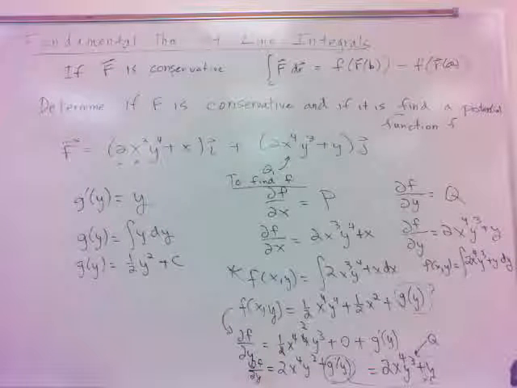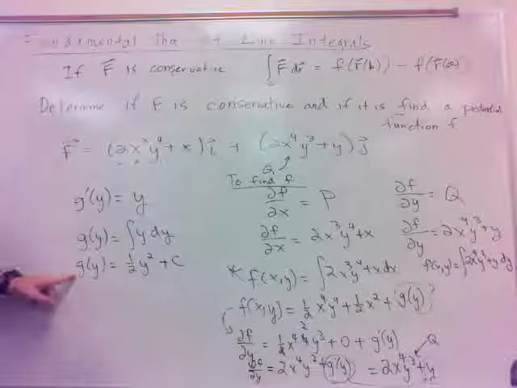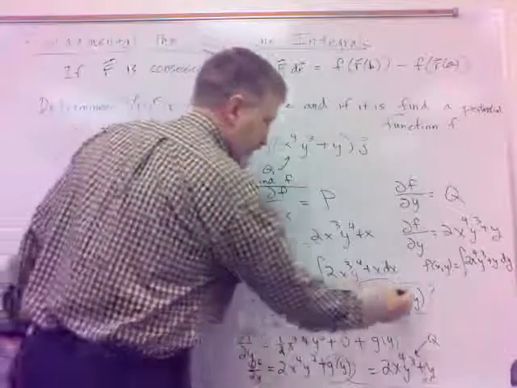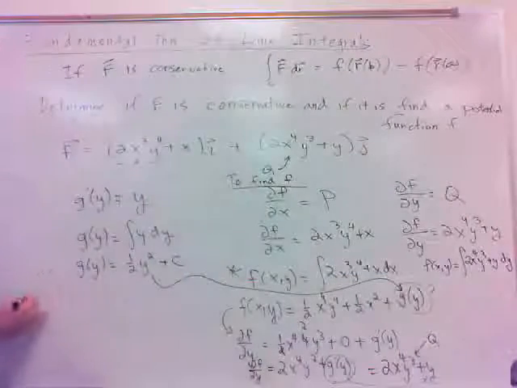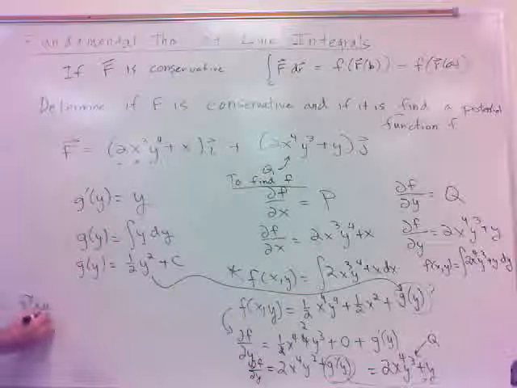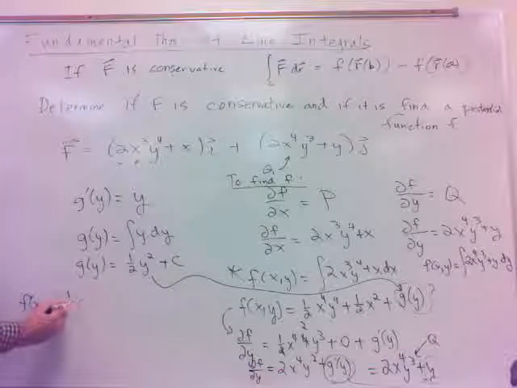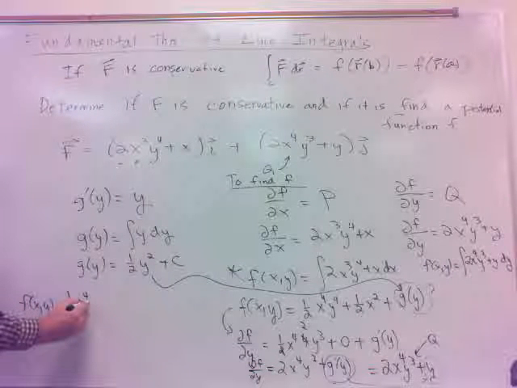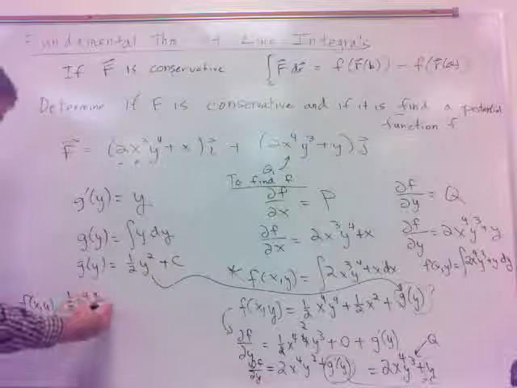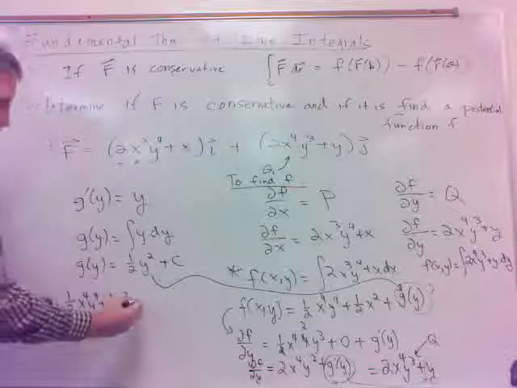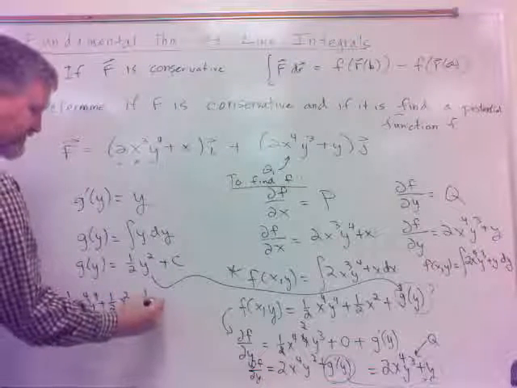So g of y turns out for this is 1/2 y squared plus c. So our f of xy, the complete f of xy function would be 1/2 x to the fourth y to the fourth plus 1/2 x squared plus, and now we know g of y is 1/2 y squared plus c.